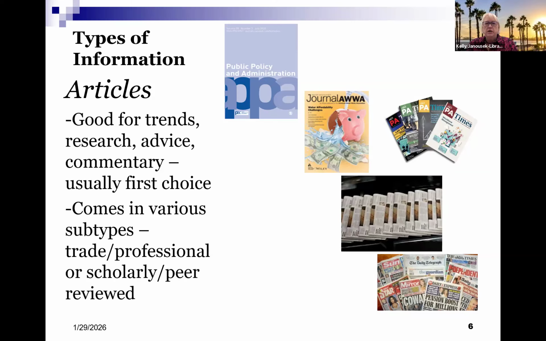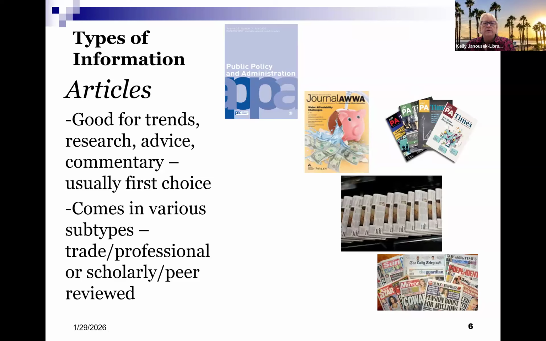So they're really good for how we did this, how we failed at this, what we will do in the future, how we overcame this. They're good for applied situations, and we have a database that really does index them very, very well. Because in the business world, professional or trade publications become very key to know what's going to be in the future of business. So, Journal of Law and PA Times.